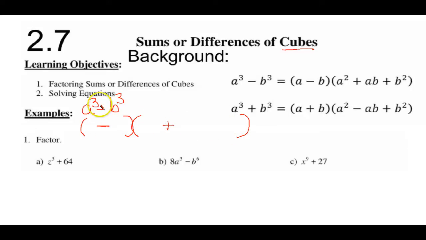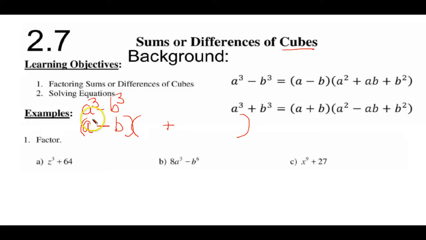If this were a positive, you'd put a positive here and a negative there. Everything else is the same. So you take the cube root of a to the third, which is a, take the cube root of b to the third, which is b, and you've filled in your 2-term expression.